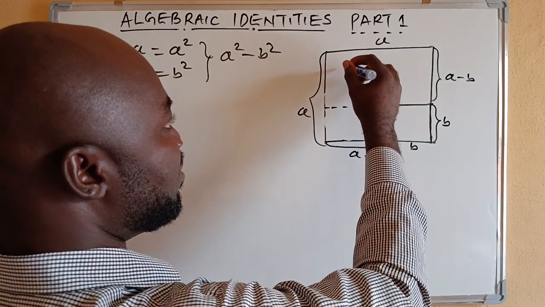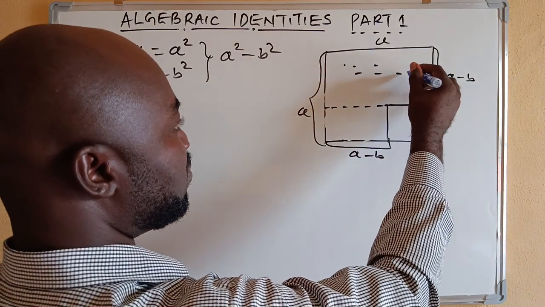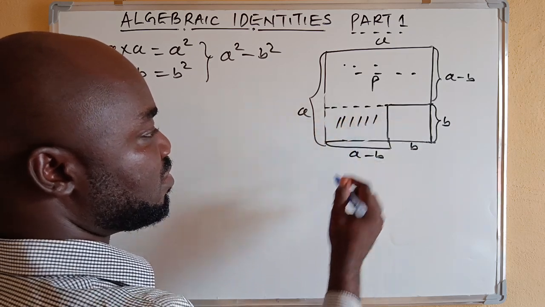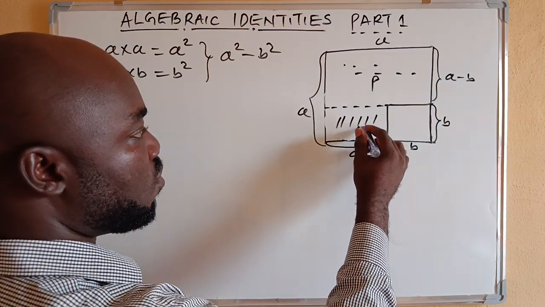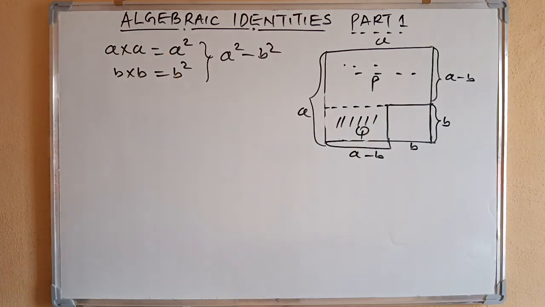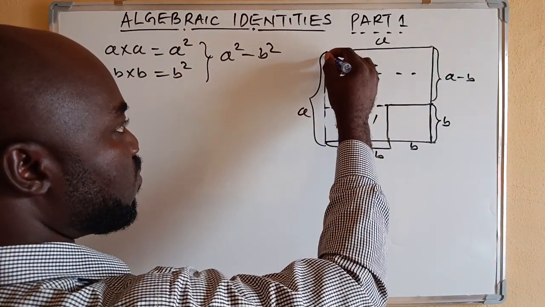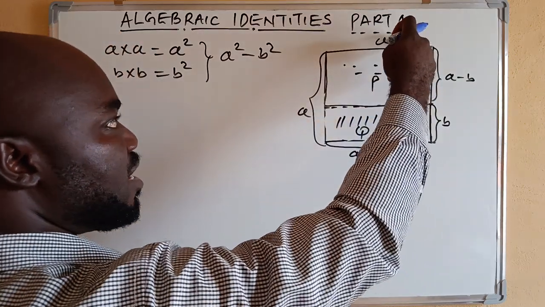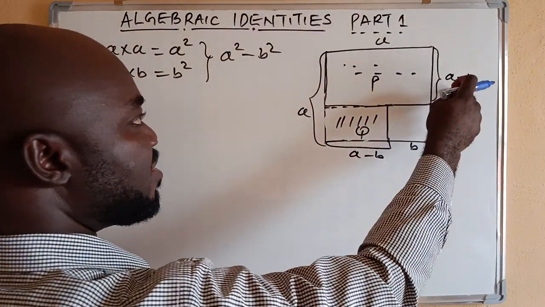I have this dotted one, which I will call P, and this one with the slash, which I will call Q. The area of a rectangle is the length times the breadth.